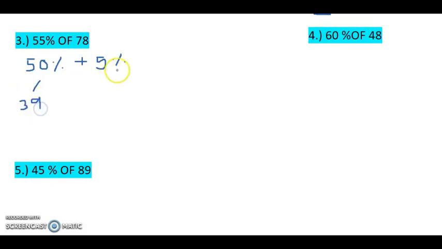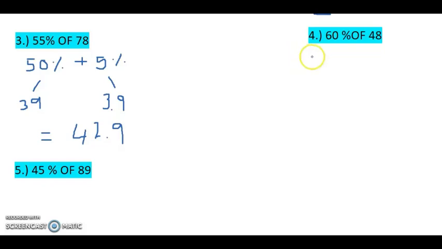And 5% of 78 is 3.9. As you can see, 50 is 10 times bigger than 5, so you might as well divide the 50% of 78 by 2. And your answer will be 42.9.